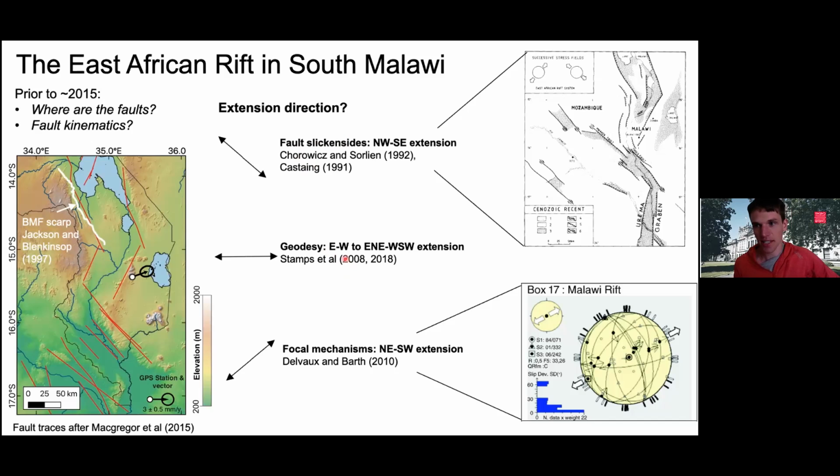Initial geodetic data indicated it was maybe more east-west, east-northeast, west-southwest, but that was based on just one GPS station. And earthquake focal mechanisms indicated a northeast-southwest extension direction, but again, this is only based on about 13 focal mechanisms across the entire length of the country.